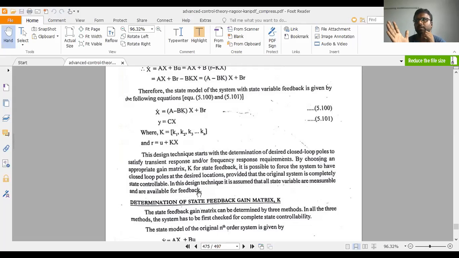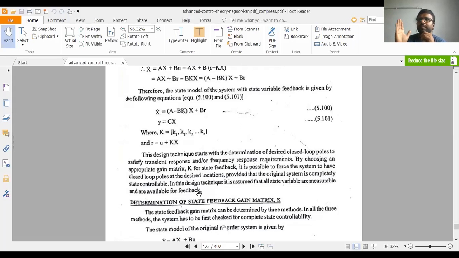In order to design a state feedback controller, initially you have to determine the state feedback gain matrix.